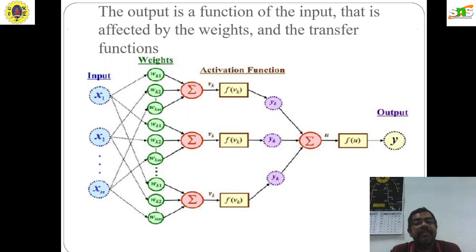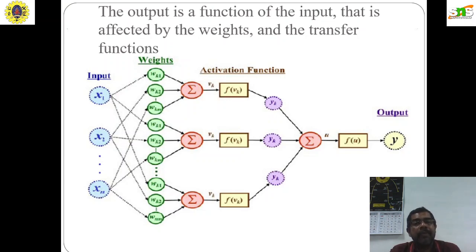The output is a function of the input, affected by the weights and the transfer functions. Every activation function after the summation, vk, gives f of vk, varying for each and every combination. That is summed by the summation factor and finally produces f of u.